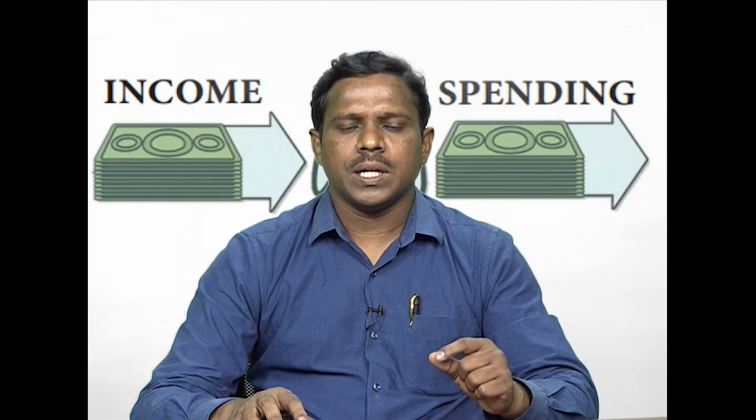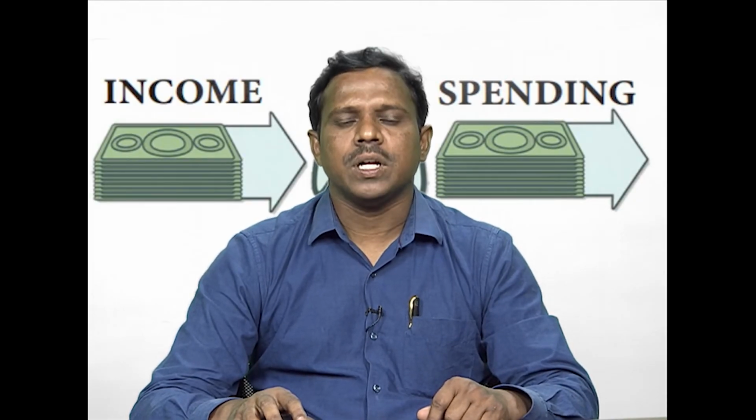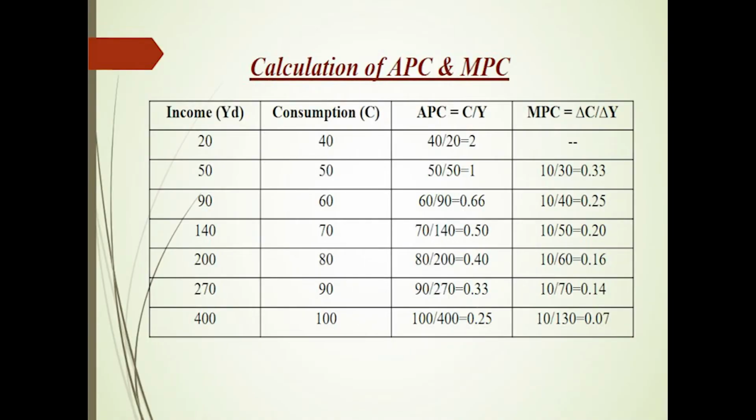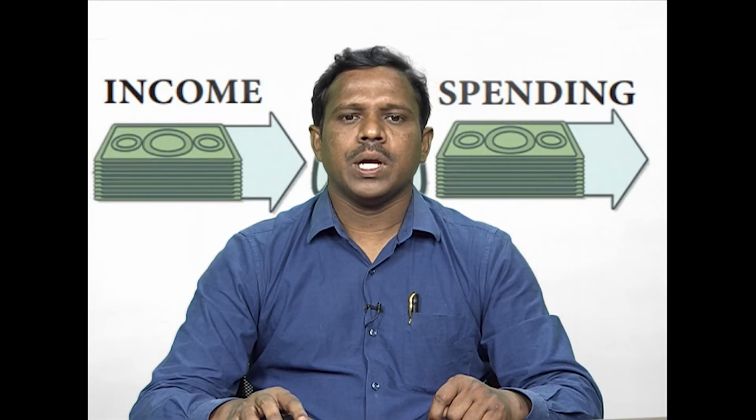In the same way, when income increases to 400 and expenditure, as I said, is 100, due to the increase in the income level, consumption also changed, that is an additional 10. So, here 10 divided by 130, we get around 0.07, that MPC value, the marginal propensity to consume.